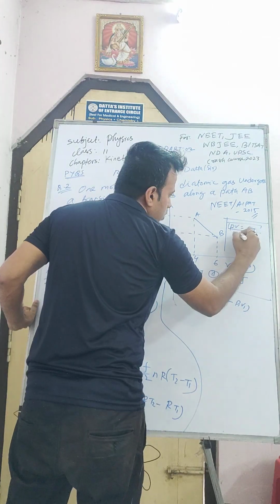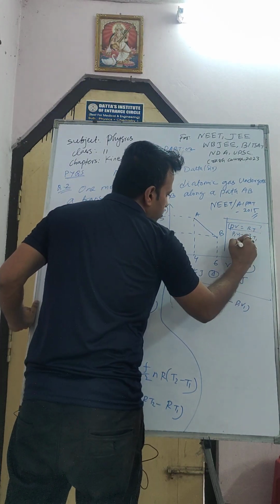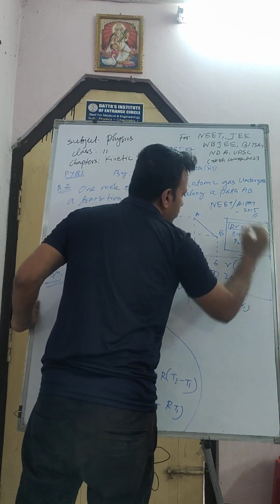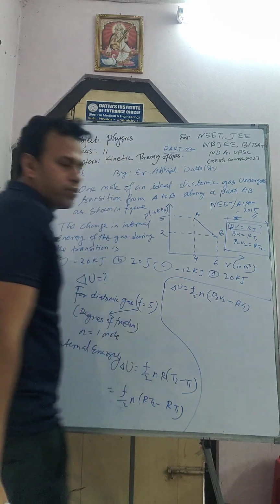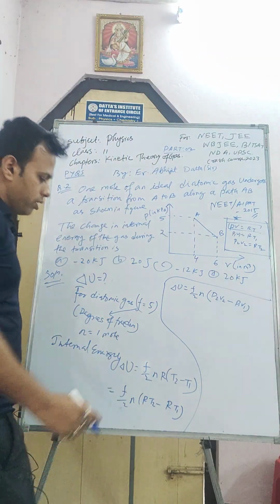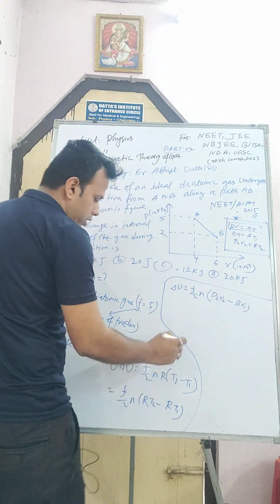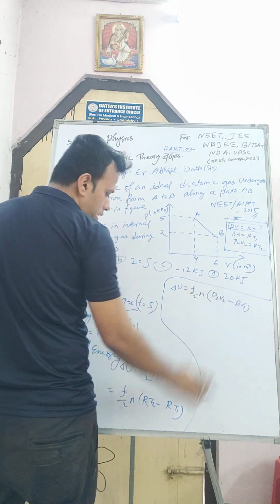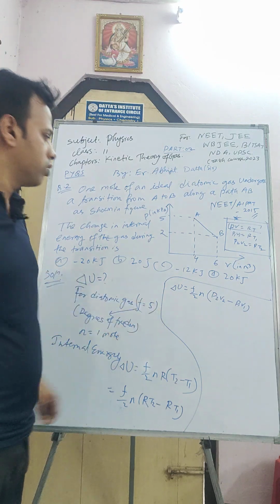So P1 V1 is equal to RT1 and P2 V2 is equal to RT2. You have to remember this part. So I will use this. Instead of RT2, I can put P2 V2, and instead of RT1 I can put P1 V1.